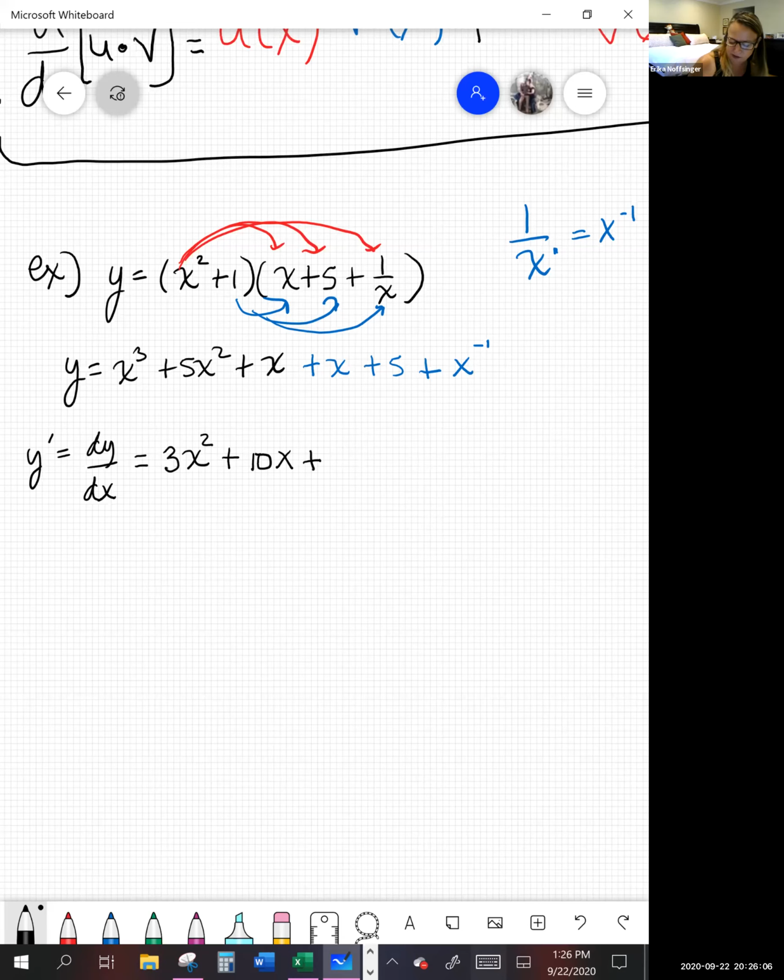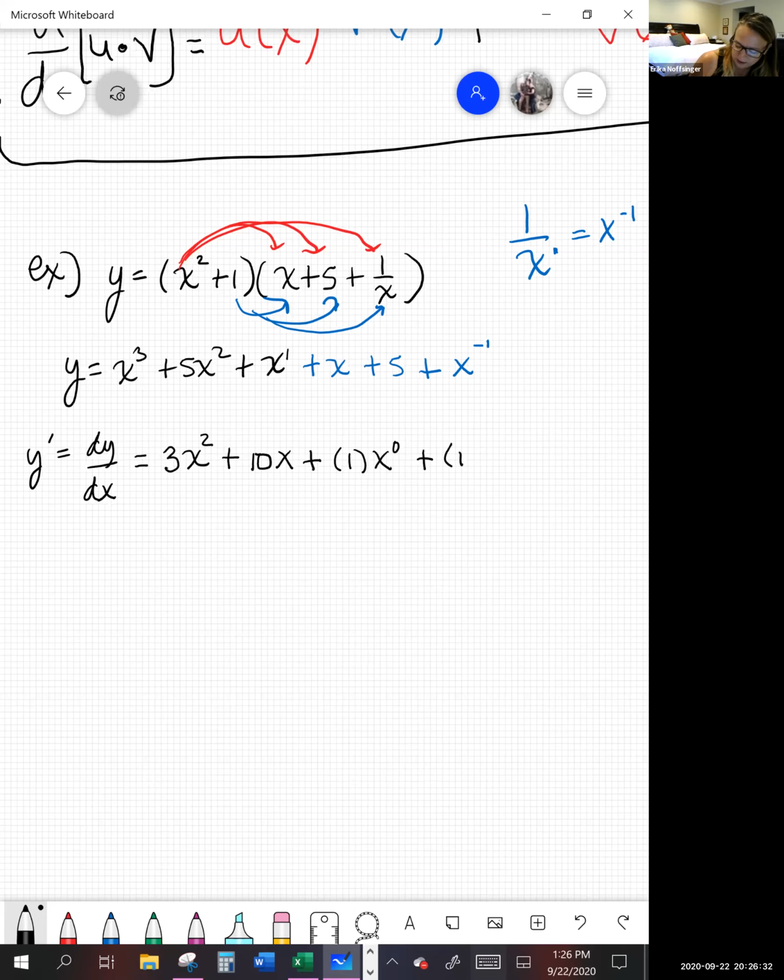Plus, you get really good at this soon, but the derivative of x is just 1. Bring our power down front, that's 1 x, subtract 1 from our exponent, which isn't shown normally. We get 0. Oops, did I miss something? No, I didn't. I could have combined like terms before I did that, but that's okay. Plus, so derivative of x here, bring my power down front again.